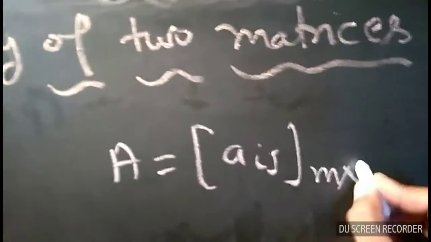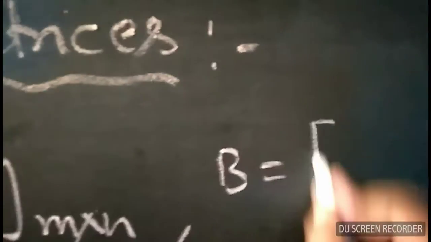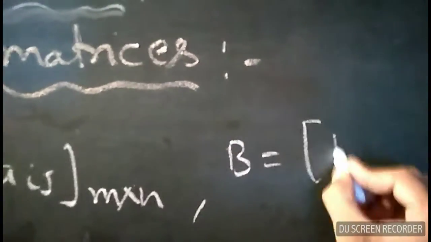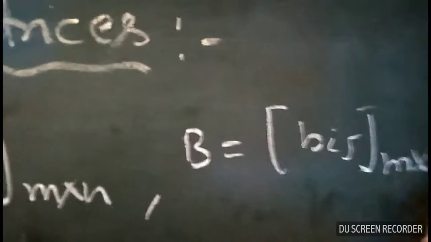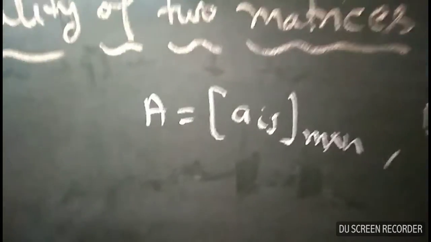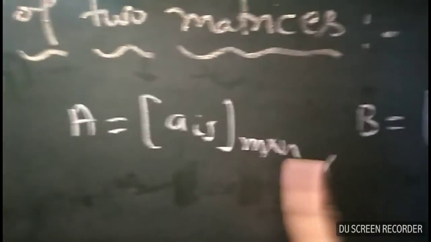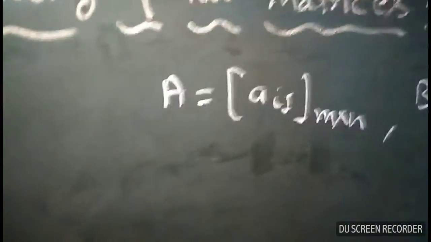That is, if we take a matrix A equal to Aij, where the order of the matrix is m cross n, and we take another matrix B equal to B of ij, and the order of B is equal to the order of A, then we say that the matrix A may be equal to matrix B.